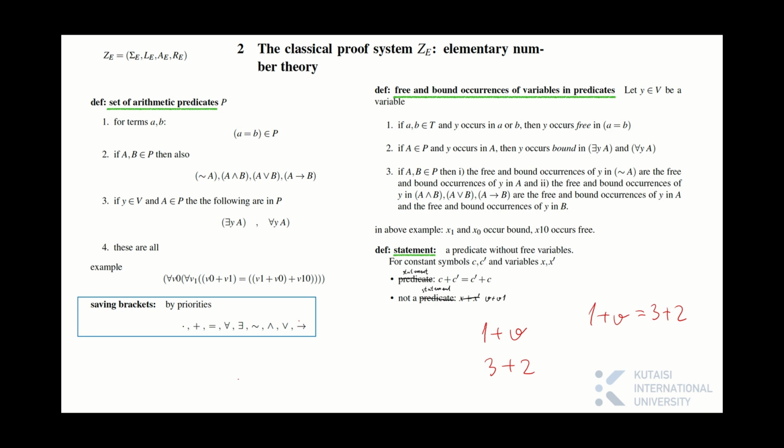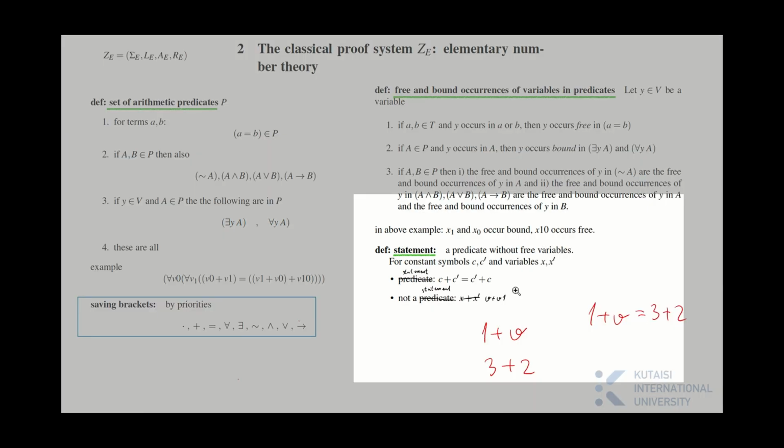It does not have free variables. For example, what is a statement? What is not a statement? C plus C prime equals C prime plus C is a statement because it only contains constants, and you should think of it as just a constant. It has a truth value.